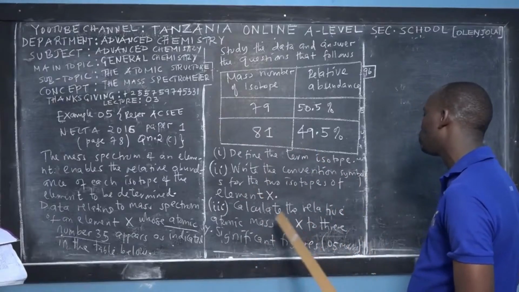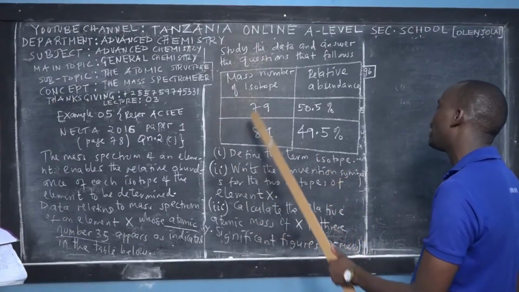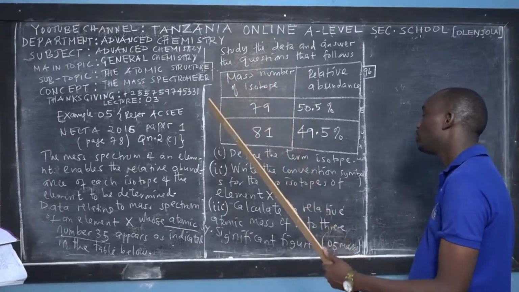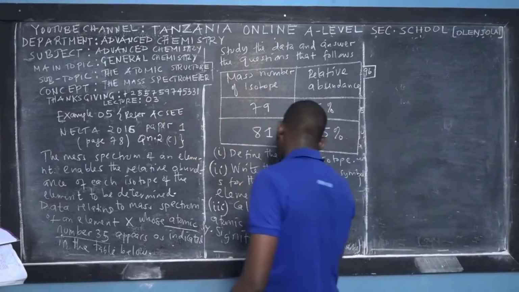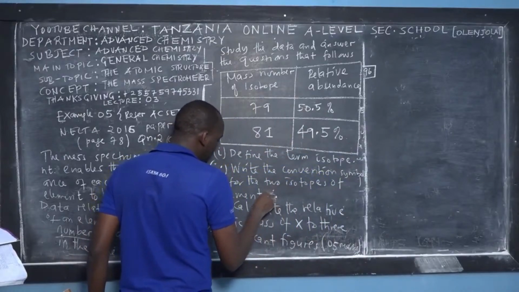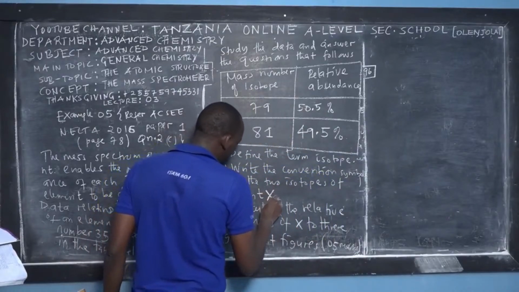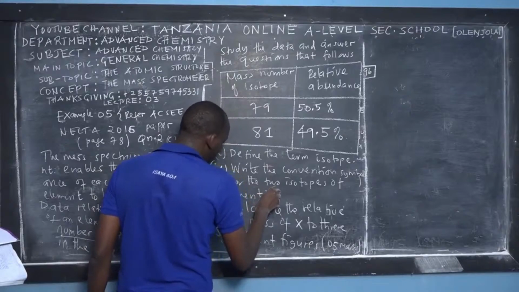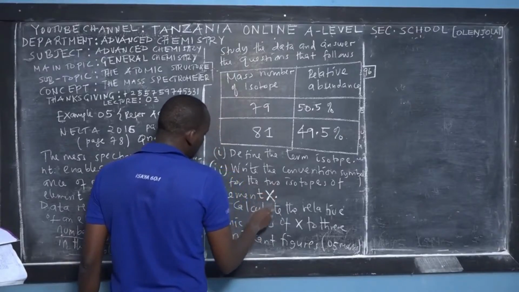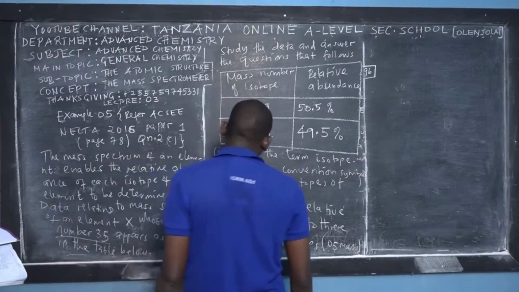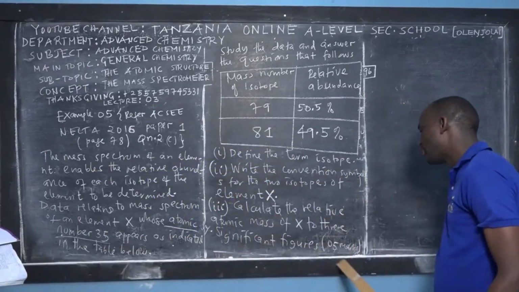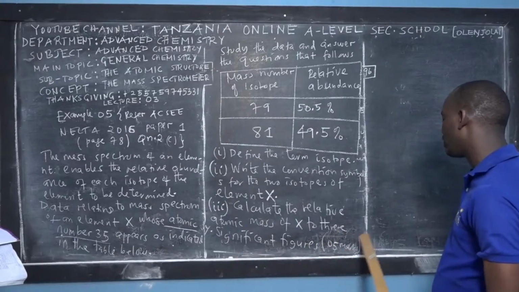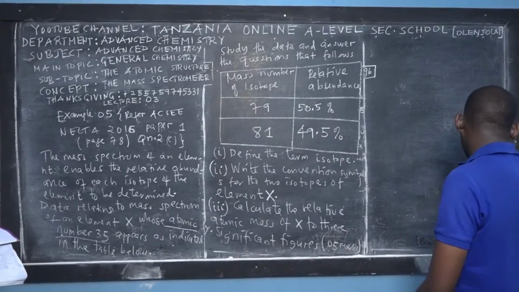Write the conventional symbols for the two isotopes of element X. This is the element X, we don't know it. The symbol of the element is not maybe Na, which would mean sodium. No, it is X. Then calculate the relative atomic mass of X to 3 significant figures, and so we have 5 marks.